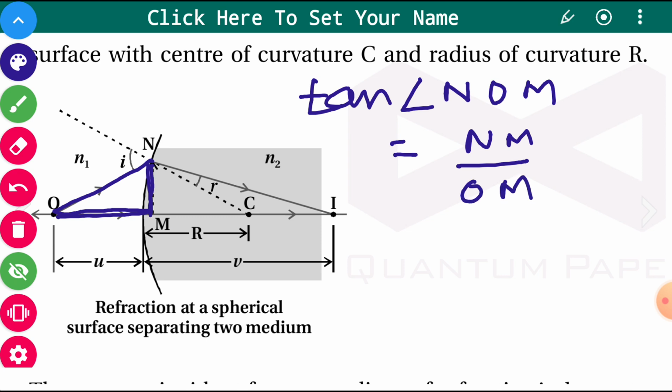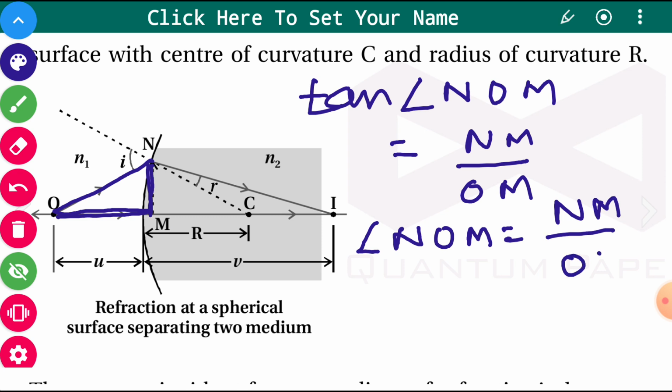All these things you write in your notebook simultaneously so that it can be understood easily. Now angle NOM is very small, so tan theta is equivalent to theta. So tan NOM is equivalent to NOM in radians. So angle NOM is NM upon OM.